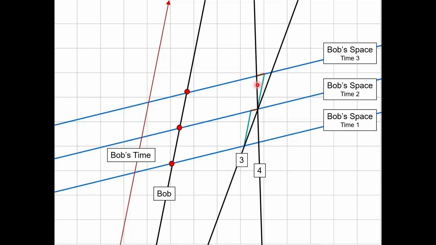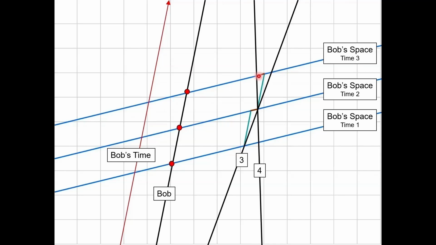So for the same value of speed, the angle moving away from Bob and the angle moving towards Bob are not the same. And if we think about a different world line with a different angle, which means it has a different direction for the line of simultaneity for its space, and this means that it has its own coordinate system, then the value of this brown segment could be different.